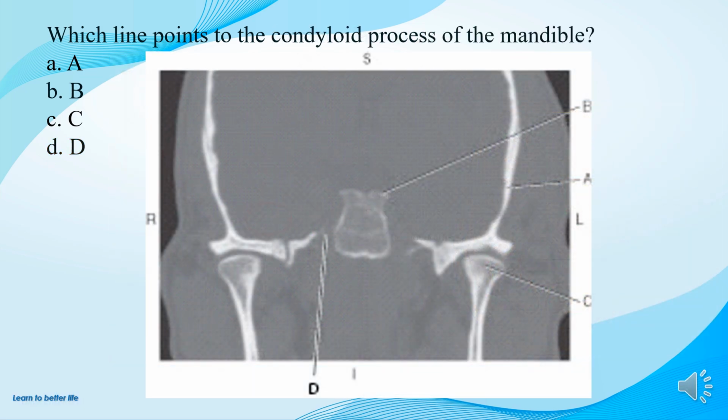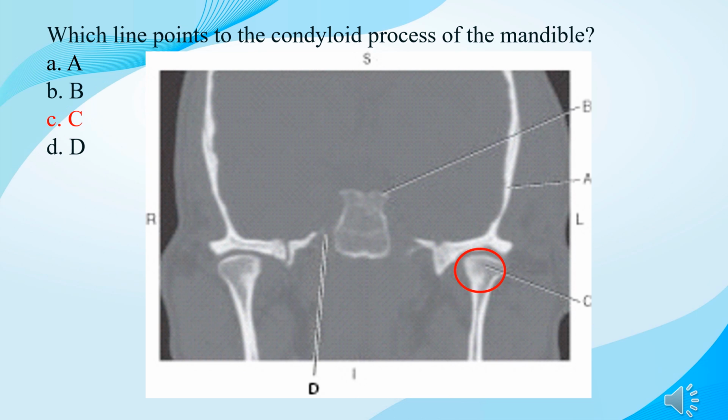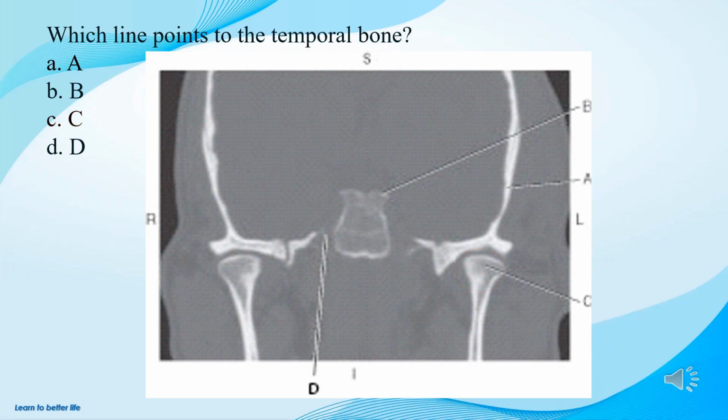Which line points to the condyloid process of the mandible? A, B, C, or D? The answer is C. Which line points to the temporal bone? A, B, C, or D?